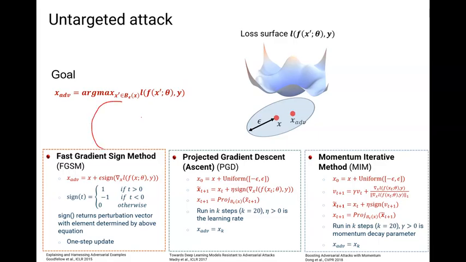Let's say I have this neighborhood and X is the ground truth, the cat image. One way to do it is, as I said, the gradient direction probably gives you the largest change in the loss. So we move along, not exactly, but close to this direction, and in one step I want to push to create the adversarial one at the boundary of this neighborhood. So this is one step.